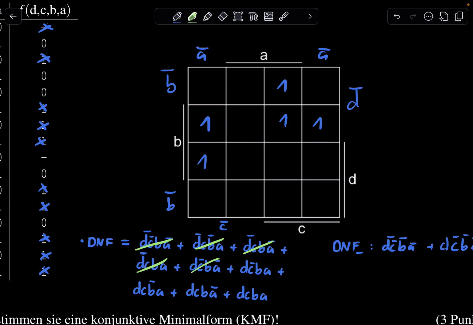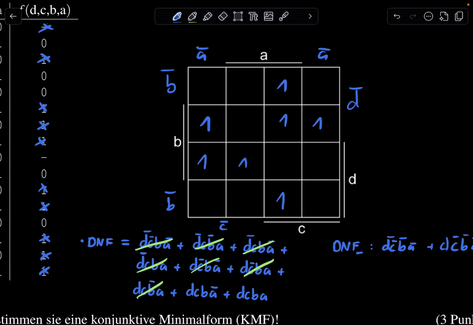Let me close this up. And we have D, not C. Then we have B, we want A. D, not C, B, and A, perfect. Now we do D, C, not B, okay, and A. D, C, not B, and A, okay.